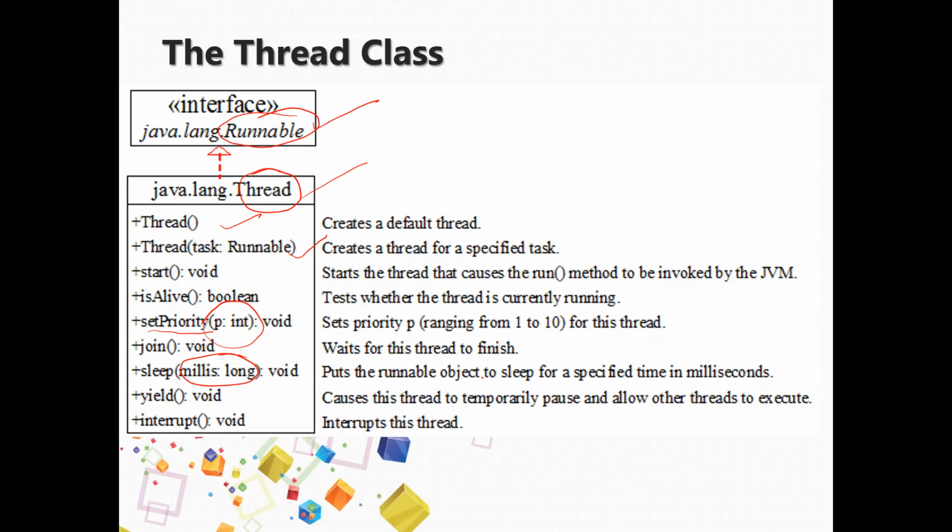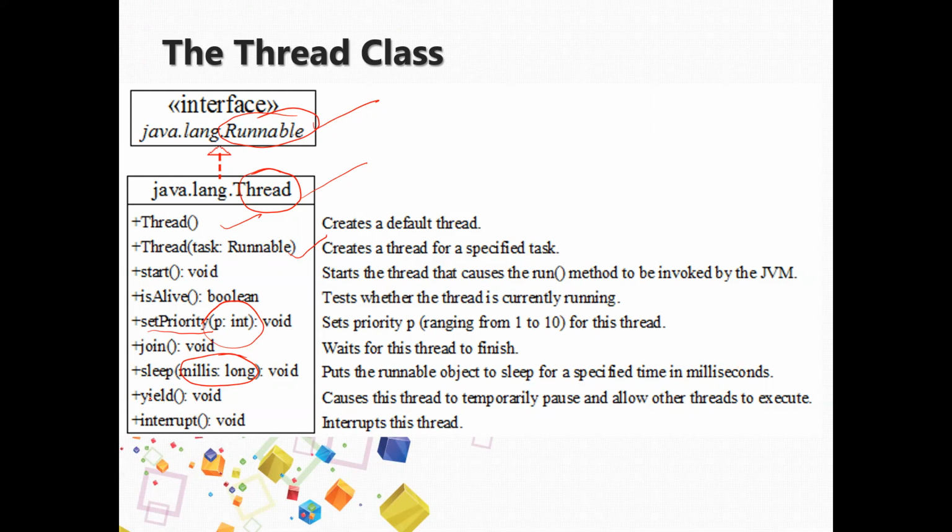It puts the runnable object to sleep for a specified time in milliseconds. For that particular amount of time, the thread will not perform any activity. It will be in idle state. And coming to the yield method, it causes the thread to temporarily pause its execution and allow other threads to execute.